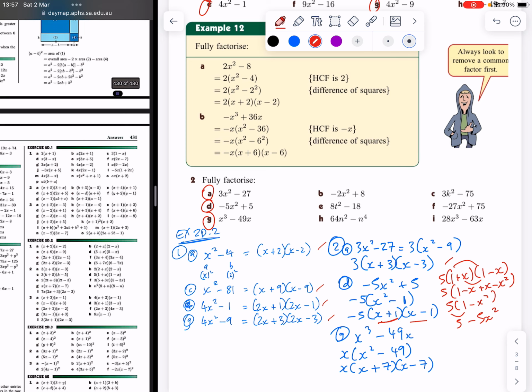Mine, obviously if they're right, mine's not going to factorize that way, so what did I do? Negative 5x squared. They removed 5 as a factor.